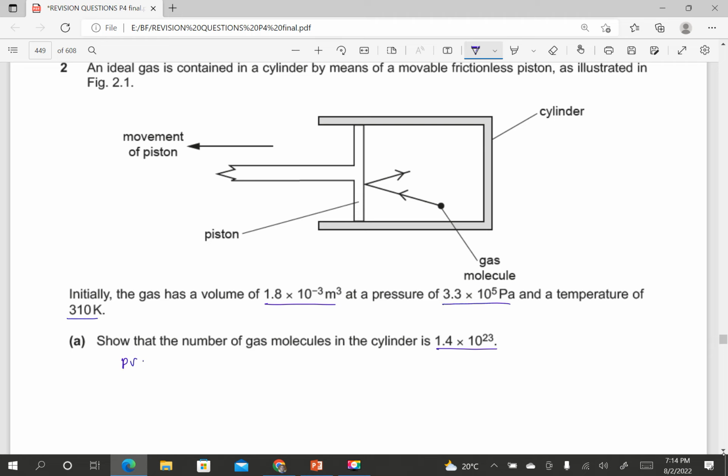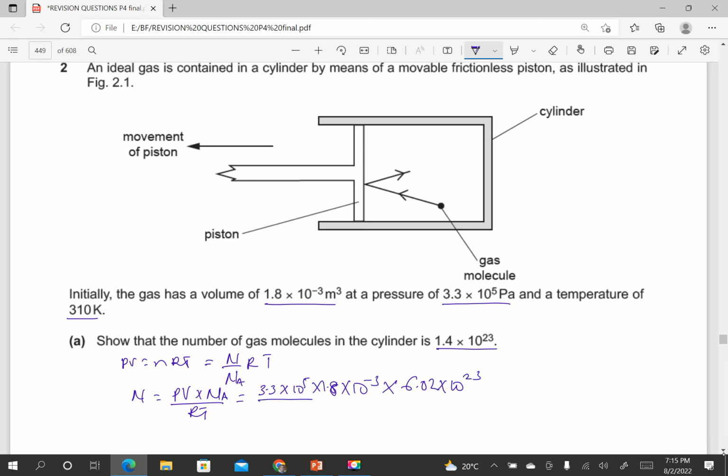So PV is equal to nRT, which is going to be number of molecules over Avogadro's number times R times T. So I want N. N is going to be PV times Avogadro's number divided by R times T. We substitute. P is 3.3 times 10 power 5. V is 1.8 times 10 power negative 3. Na is 6.02 times 10 power 23.